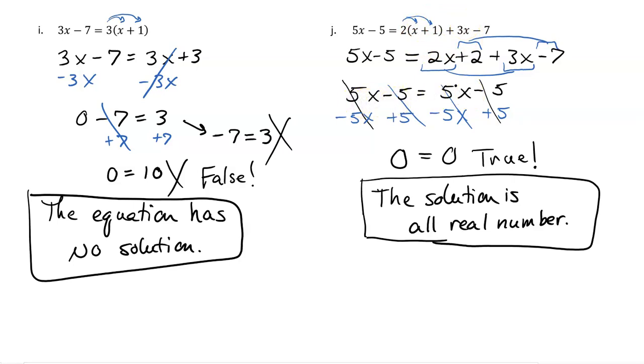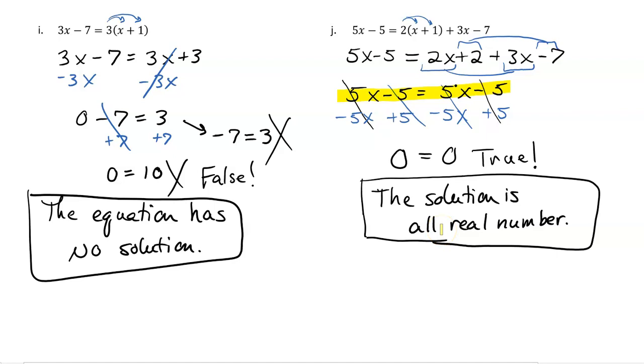And that's really nice to see at this point. Whatever I plugged in for this x here, all the simplification of the right-hand side turned out to be exactly the same. So whatever x goes here, I plug it into this spot here as well. And of course, they're going to be equal. Both get multiplied by 5 and then subtracted by that 5. So any real number we can plug in.